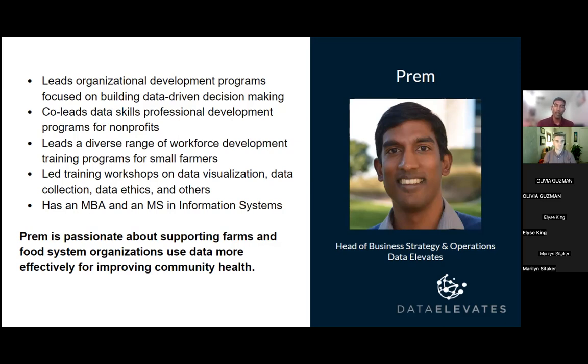I also have experience in workforce development and professional development programming for small farmers through a few different programs, working on business strategy and other things with small farmers in the region. And more recently, through Data Elevates, quite a bit of experience on professional development and workforce development programs around how to use data more effectively. So this is a perfect marriage of both of those pieces, and I'm really excited to be here.